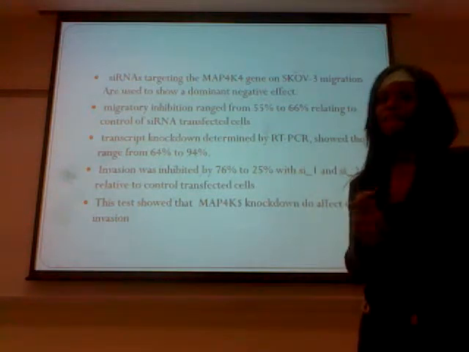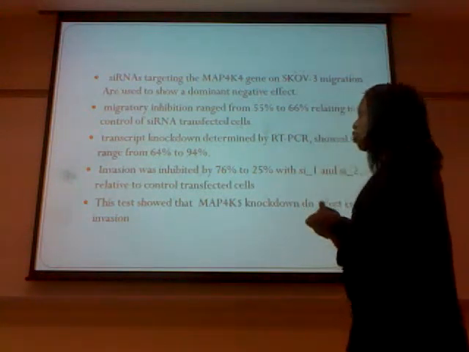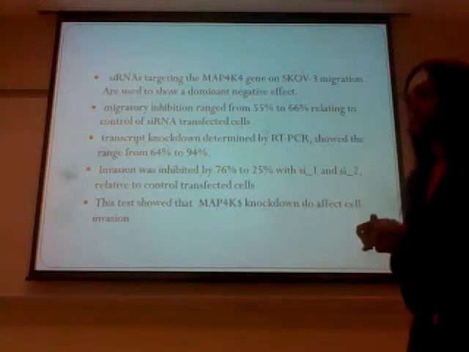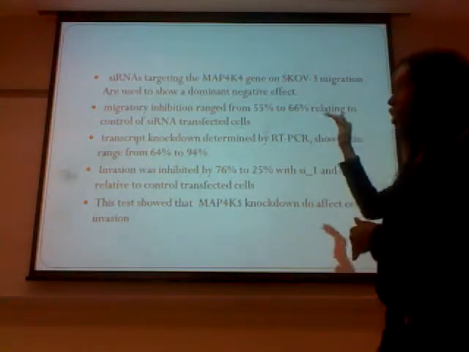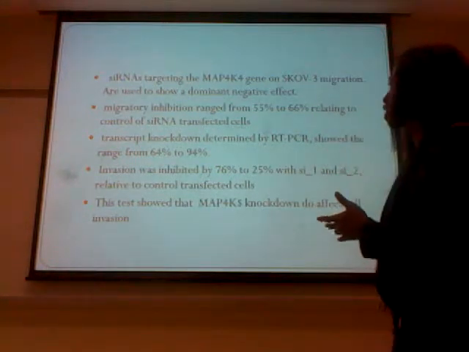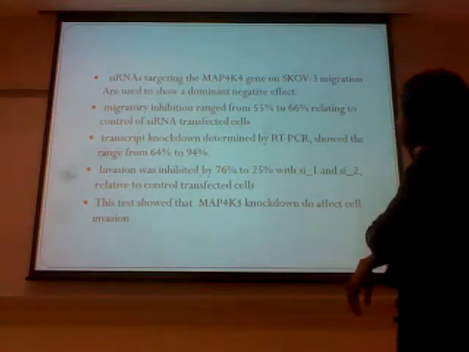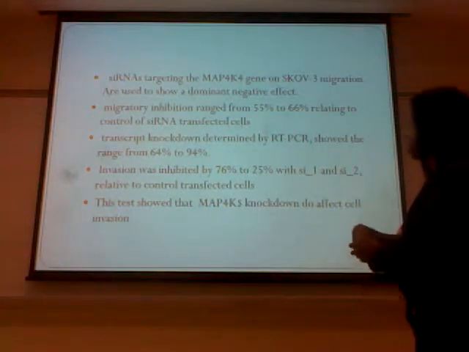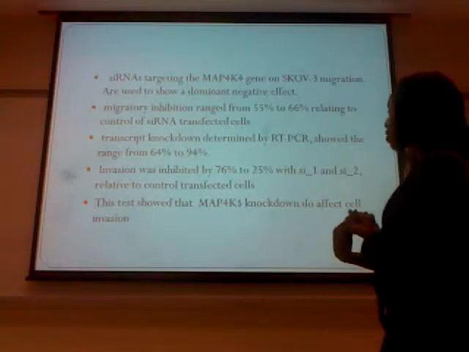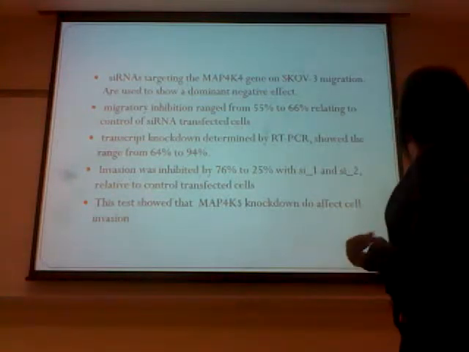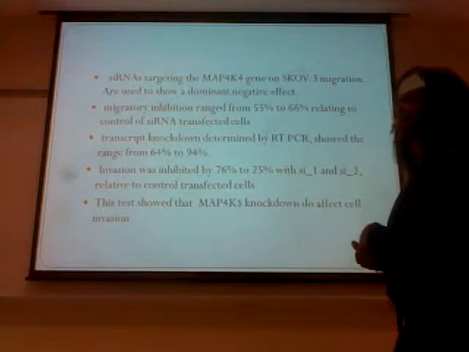By the way, this is basically what we wrote in our paper, but we referenced an article that shows this in the charts that I'm going to explain next. This test shows that MAP4K4 knockdown does affect cell invasion.